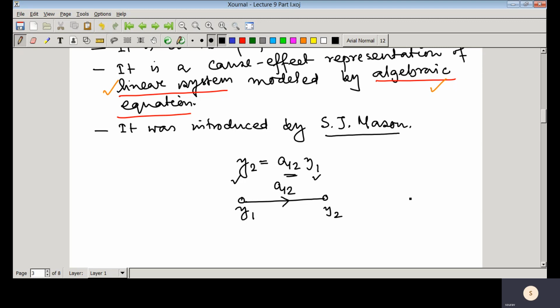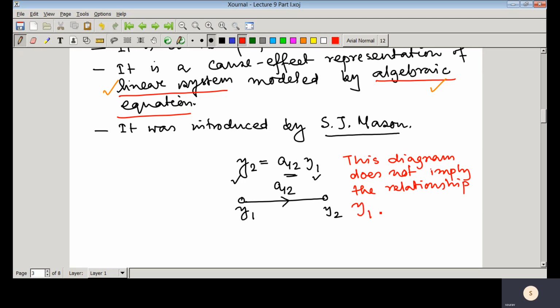And interestingly, this is very important in the signal flow graph: this diagram does not imply the relationship y1 equal to 1 by a12 into y2.